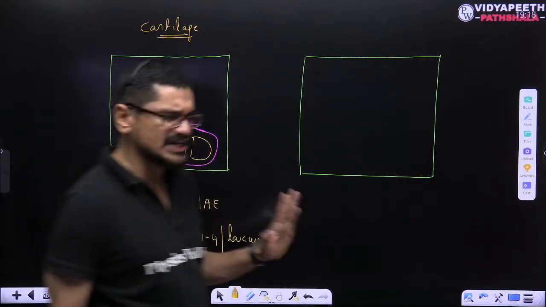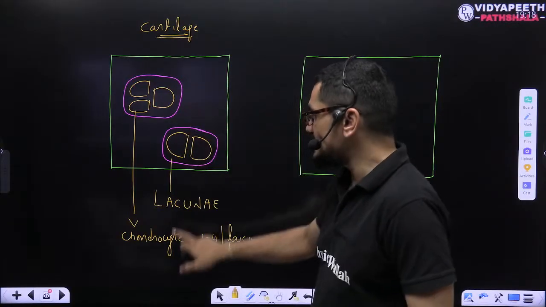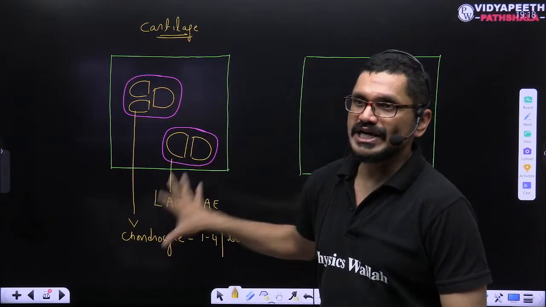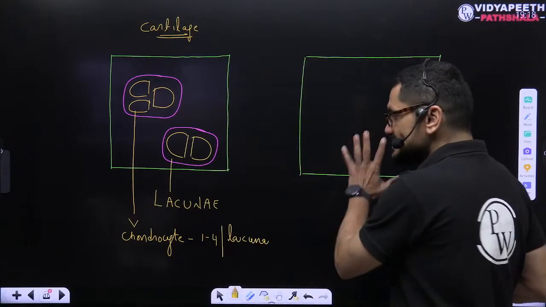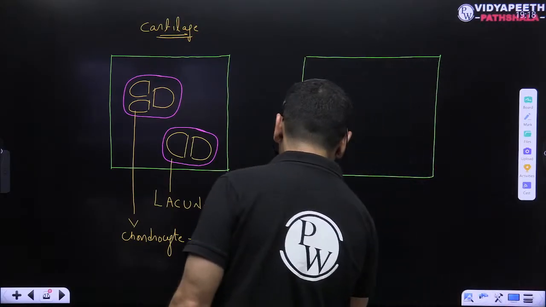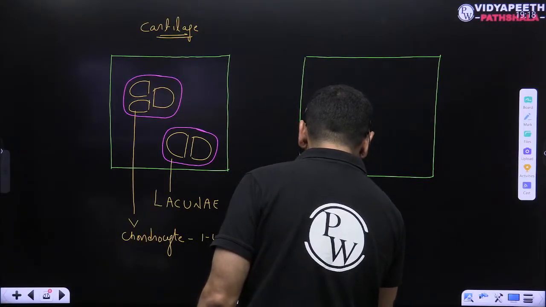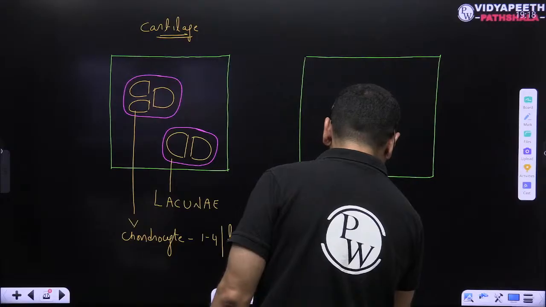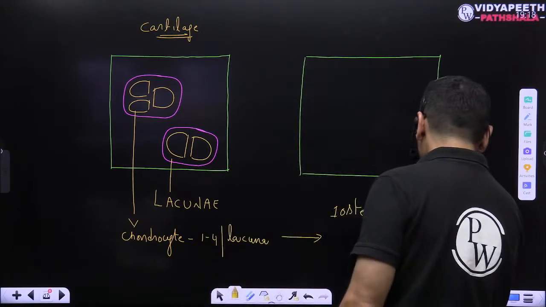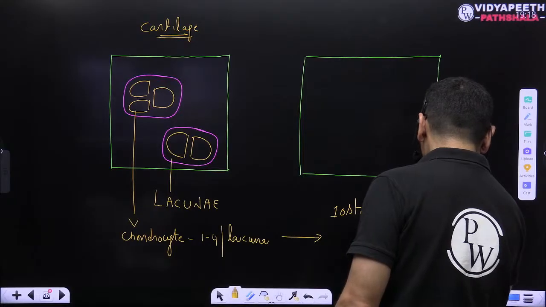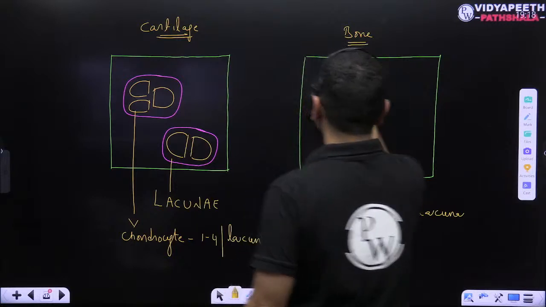It's a very important thing in the exam. The matrix of the cartilage contains 1 to 4 chondrocytes per lacuna. Am I clear? Inside the bone lacuna, only one osteocyte is present per lacuna of the bone. You may ask me, sir, what is there, sir?